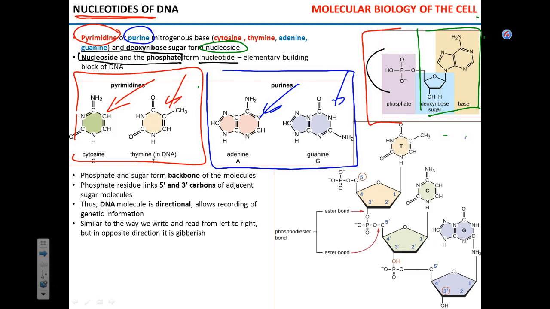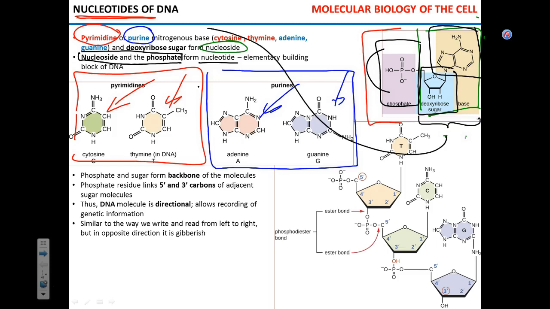So, to kind of wrap it up, every nucleotide contains a nitrogenous base, a sugar, and a phosphate. Nitrogenous base and sugar form a nucleoside. Okay?